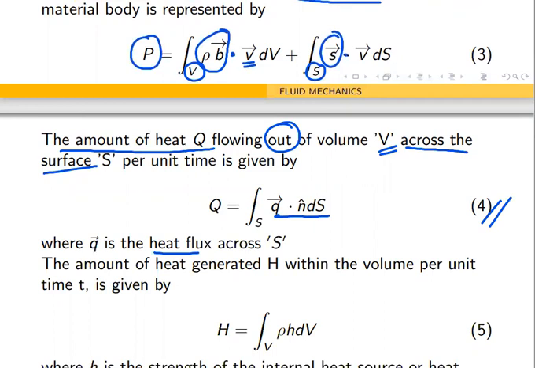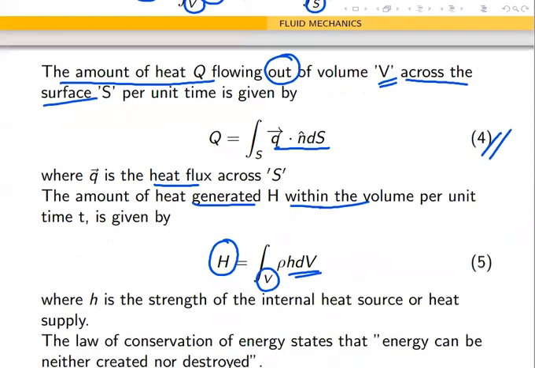Then the heat generated within the volume per unit time, let us call it H. So H is equal to the volume integral of rho h dV. Rho is density, of course, and h is the strength of the internal heat source or heat supply.